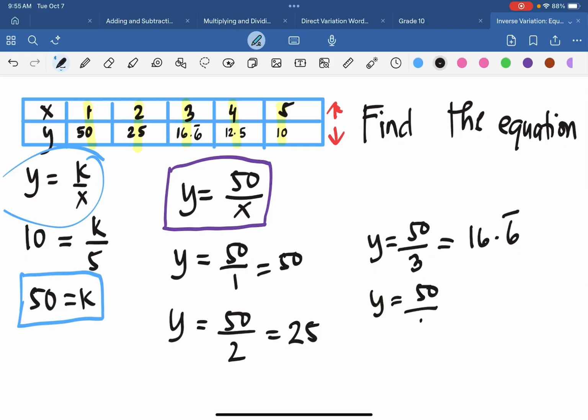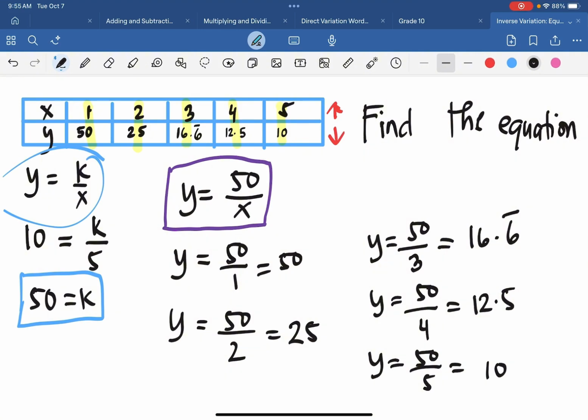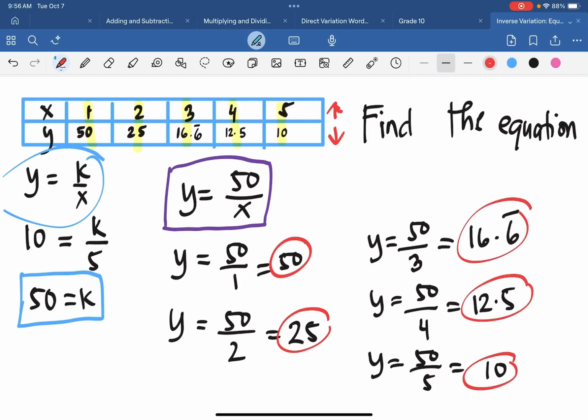Let x be 4, and we got 12.5. And lastly, y equals 50 divided by 5 is 10. Since our numbers here coincide with the table, that means our equation y equals 50 over x is correct.